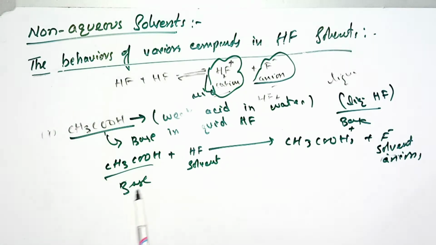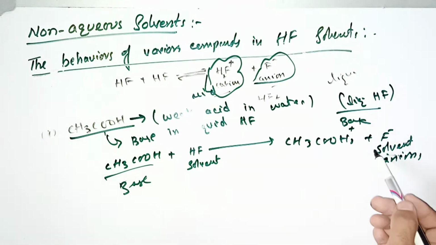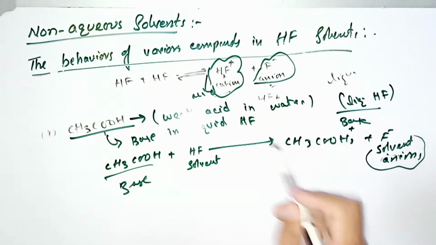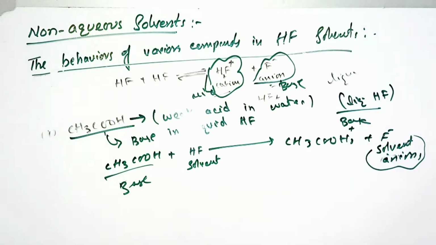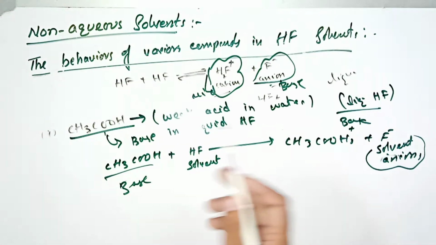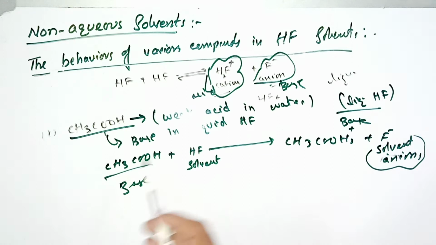Here, when you add acetic acid to the HF solvent, it furnishes the solvent anion, so acetic acid will be called a base. Acetic acid is a weak acid in water, but in HF solvent it acts as a base. This is the property of HF.